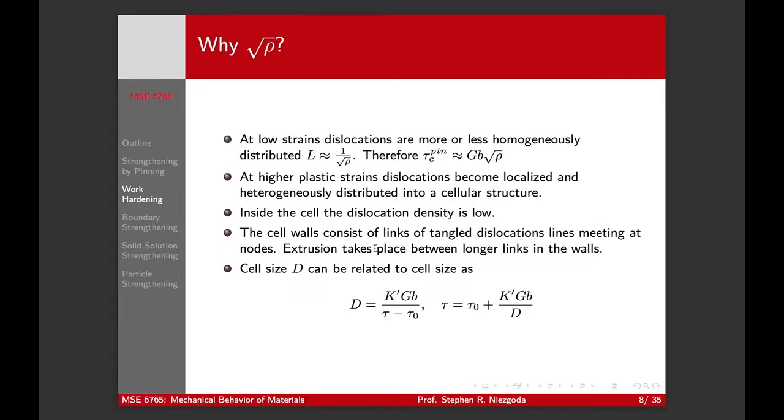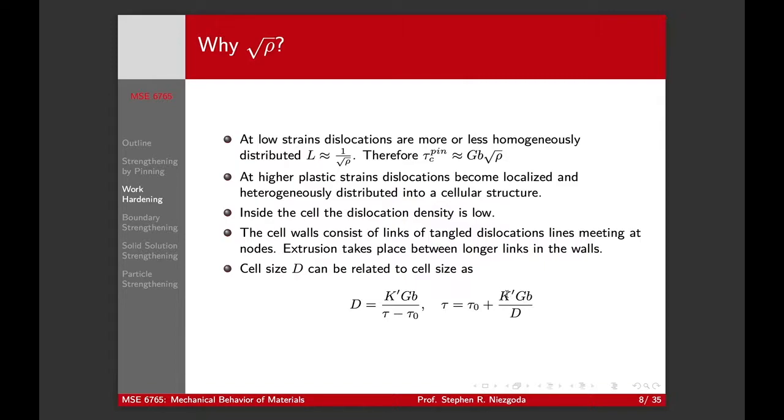And extrusion takes place between the longer links in the wall. So we can relate the cell size D to, oh, dang it, this should be the yield strength, with a relationship like this, where D here is going to carry the square root.